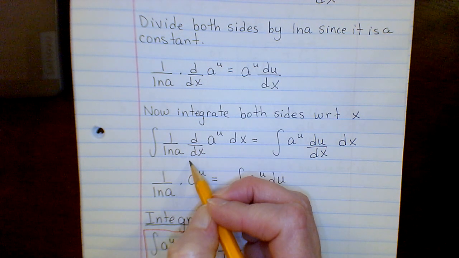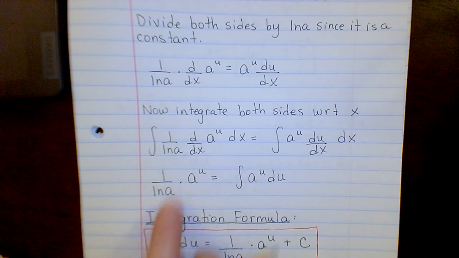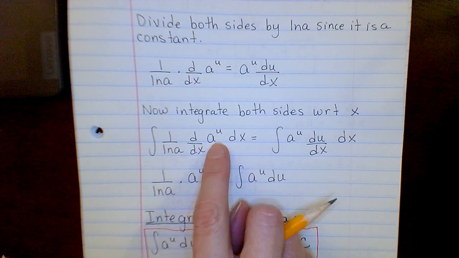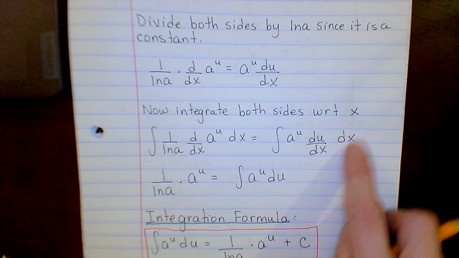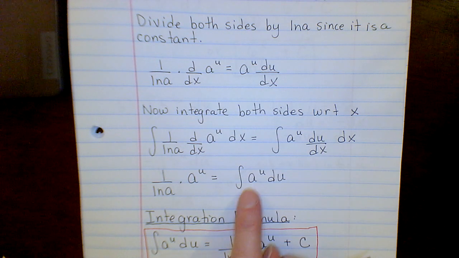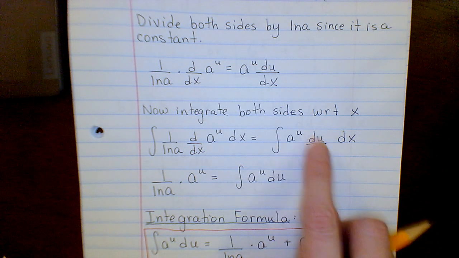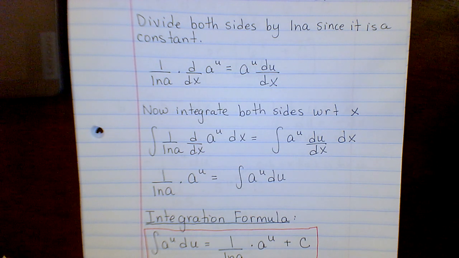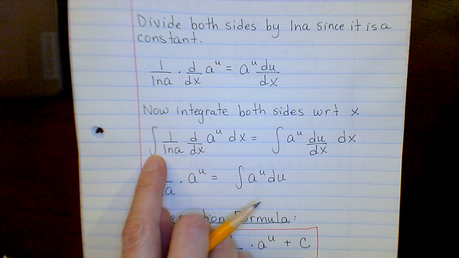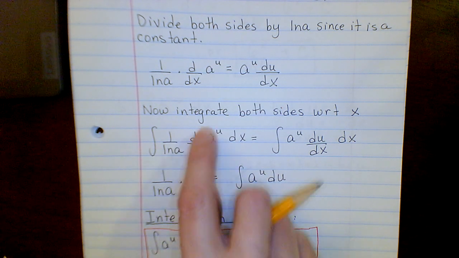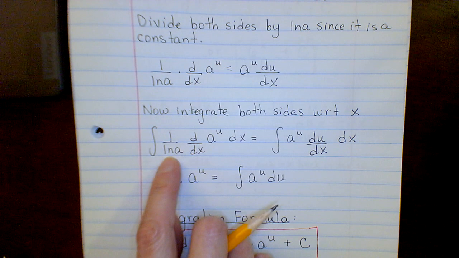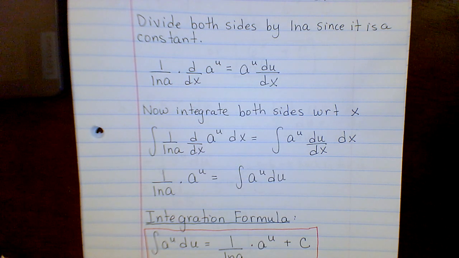The integral of that derivative undo each other, and I get 1 over ln a of a to the u. Over here, those dx's kind of cancel, and I get the integral of a to the u du. So here, this integral with respect to x and this derivative with respect to x sort of cancel each other out, and I'm just left with 1 over ln a and a to the u.